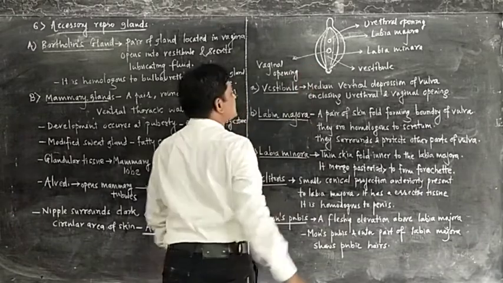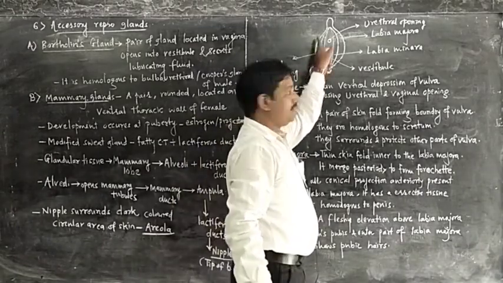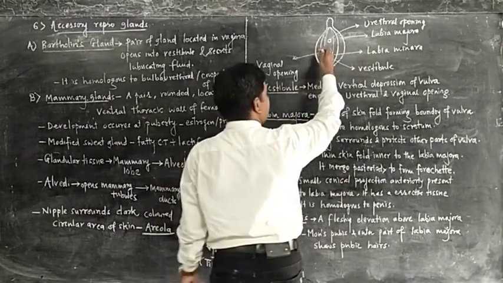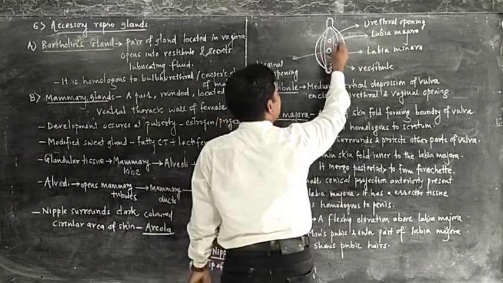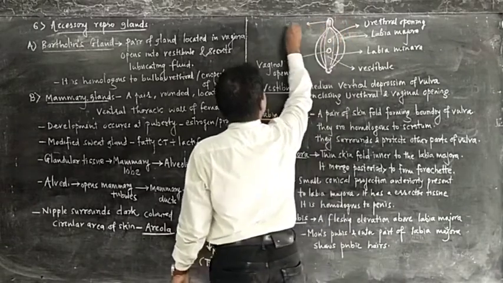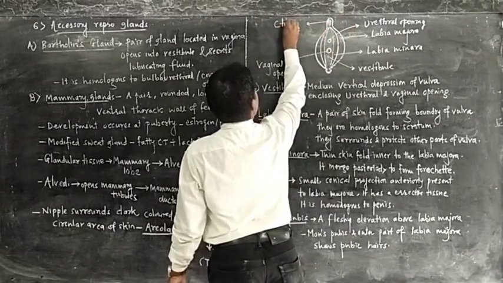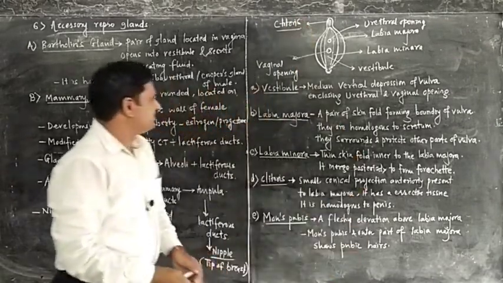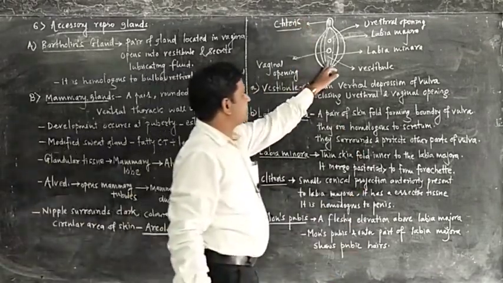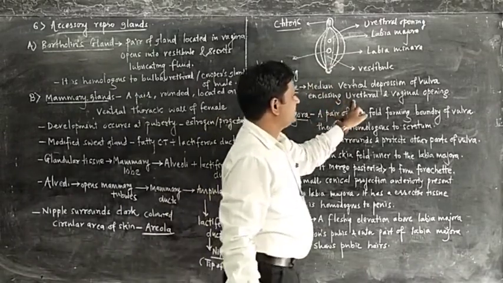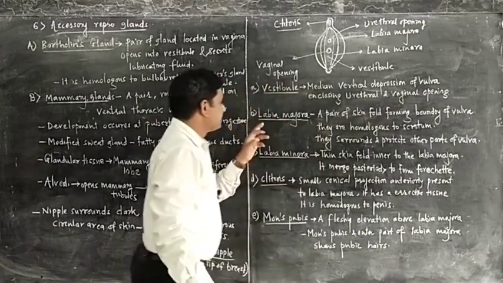And at the anterior side of this fold, labia majora, it forms a sensitive structure, that is the clitoris. The first one, the central median portion, is the median vertical depression of the vulva enclosing the urethral and vaginal opening.